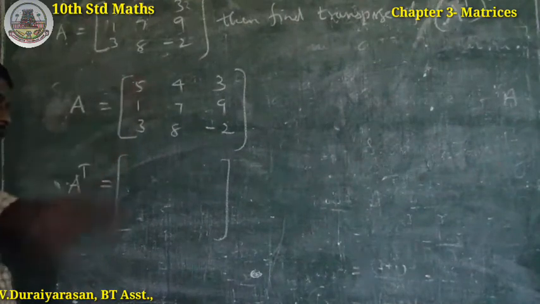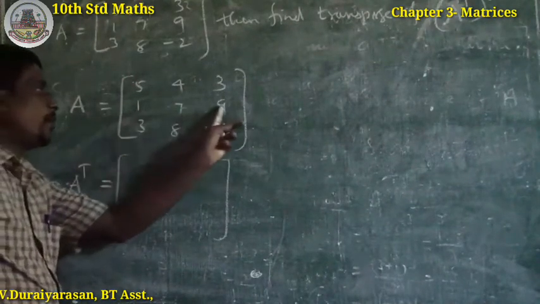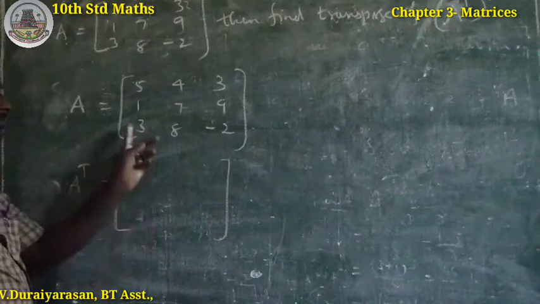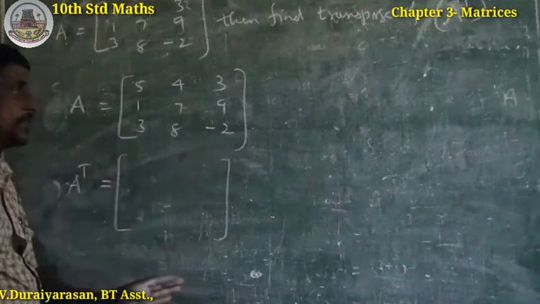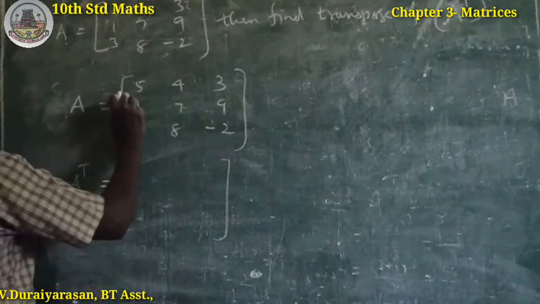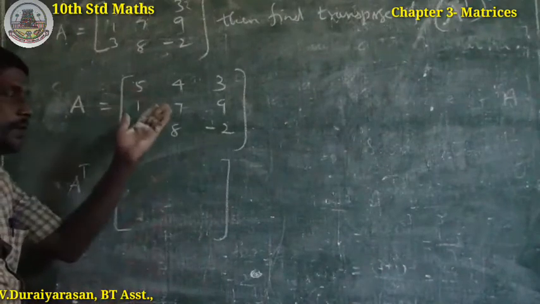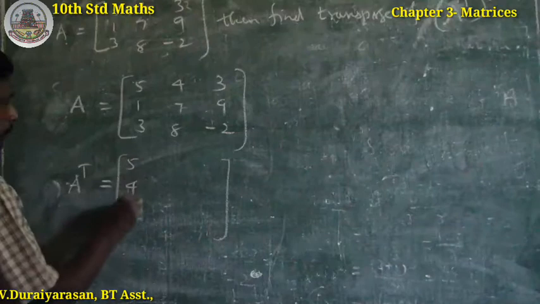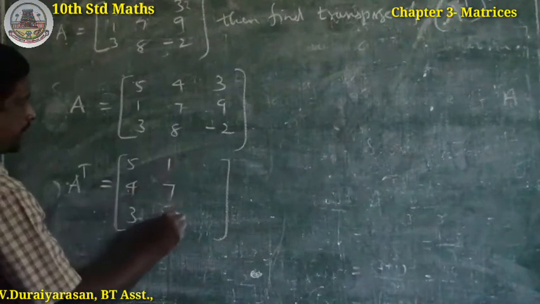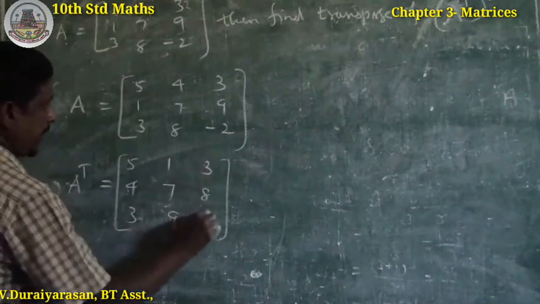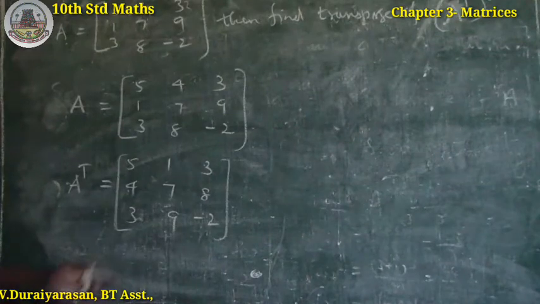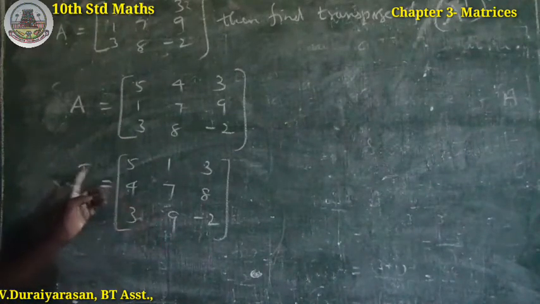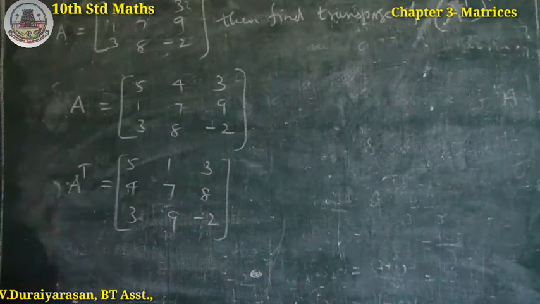First row is converted to first column, second row to second column, third row to third column. Or the horizontal elements are converted to vertical elements. This type of matrix is called transpose of a matrix.